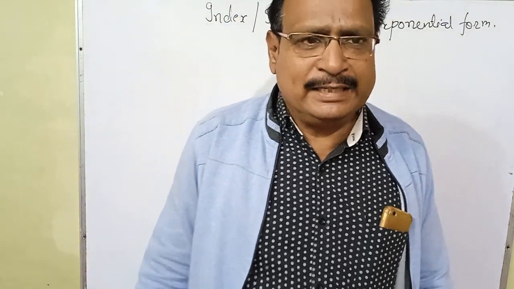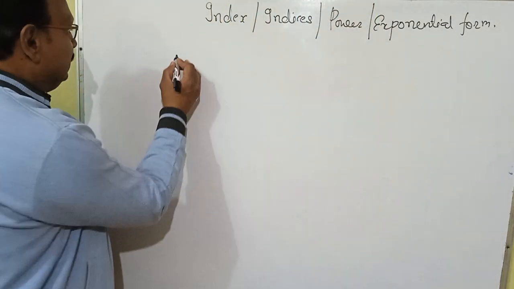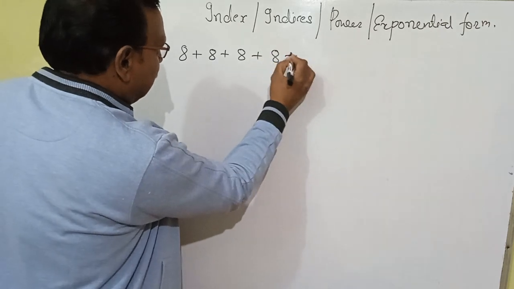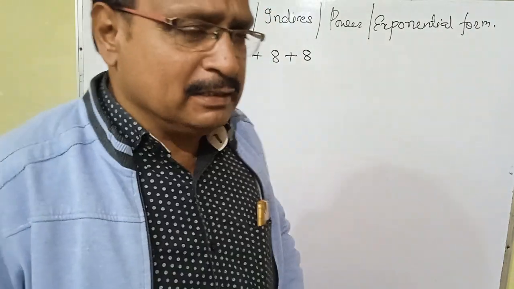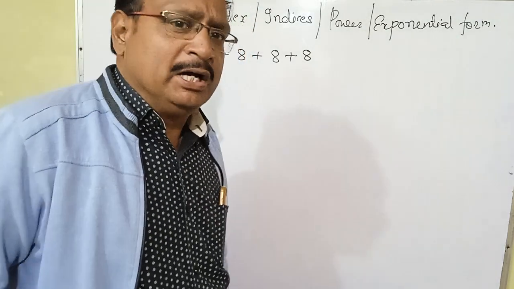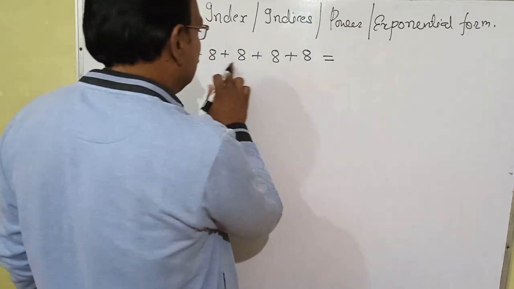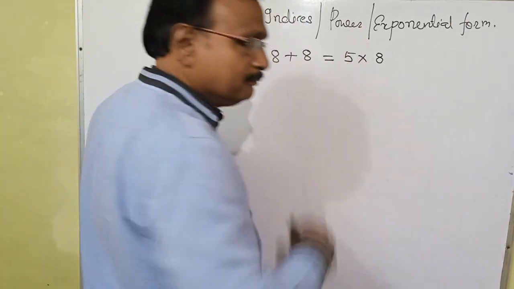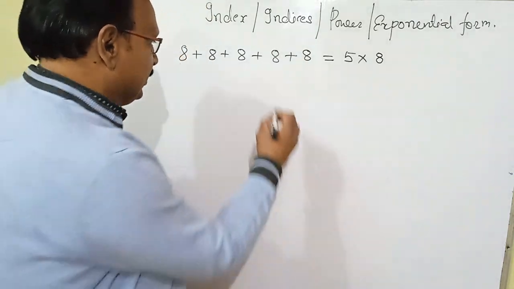First of all, we are taking a very important example: 8 plus 8 plus 8 plus 8 plus 8. We can express this similar or repeated addition in this form: 1, 2, 3, 4 and 5, so 5 into 8. This is its compact form of repeated addition.